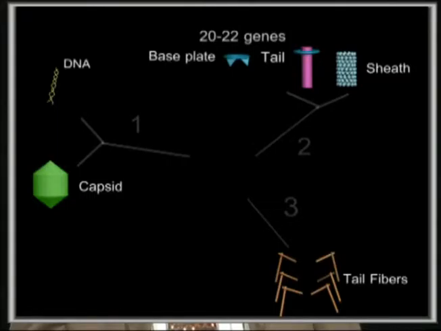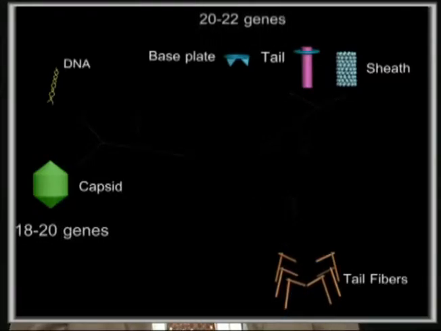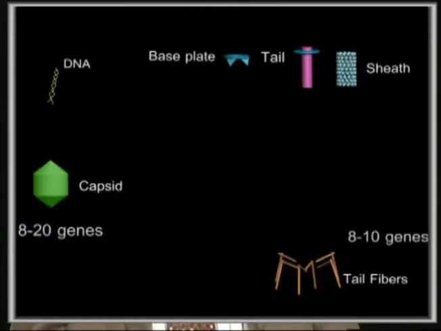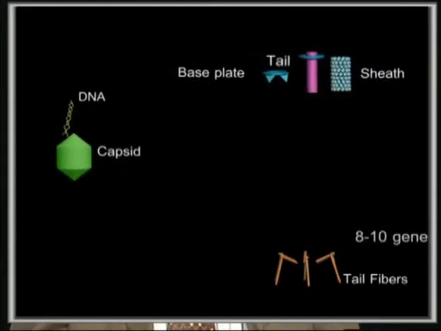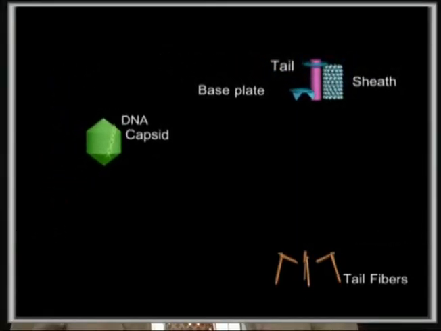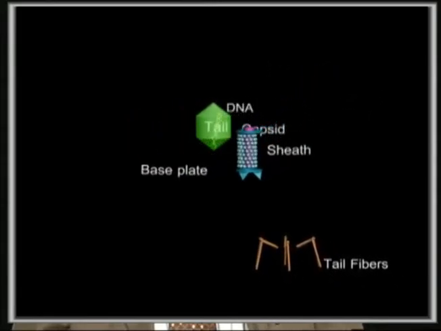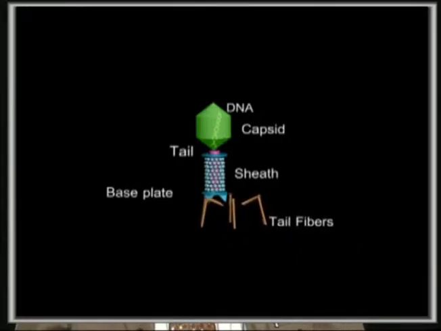Nearly 20 to 22 genes control synthesis of the baseplate, tube sheath, and tail. About 18 to 20 genes control the synthesis of the head, while 8 to 10 genes are responsible for the synthesis of tail fibers. Soon the head is filled with the phage DNA and attached to the tail spontaneously, followed by the assembly of tail fibers.